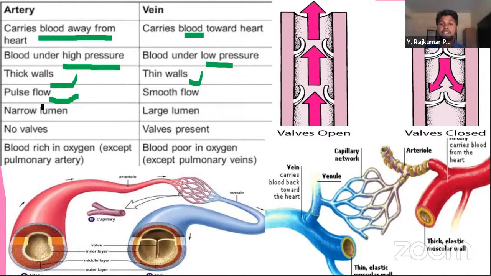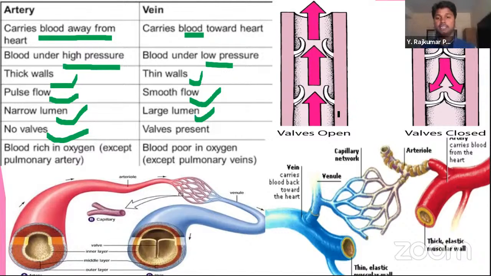Okay, that's called pulsating flow. But in the veins, there is no such kind of flow. It is a smooth flow. As you see in your tap, whenever you open the tap, water comes, isn't it? So that is a smooth flow of water. But in the arteries, it is not like that. Pulsating flow will be found. Arteries have a narrow lumen, veins have a large lumen and valves.